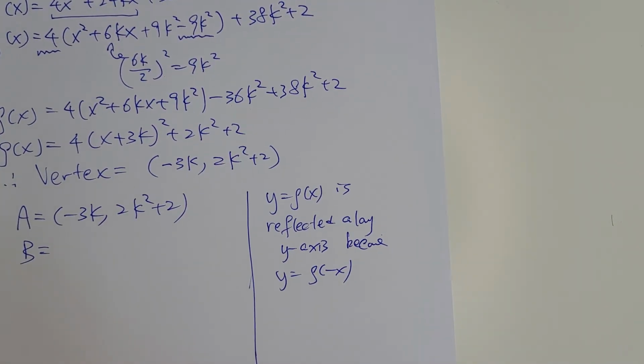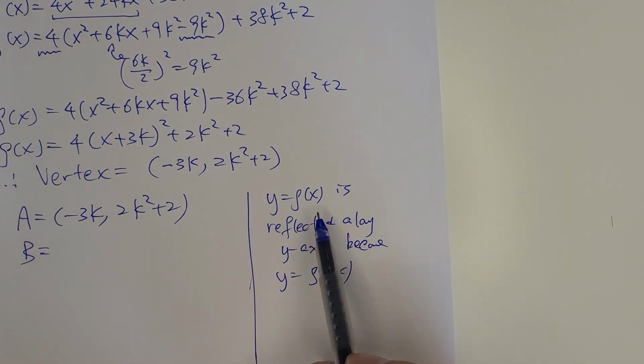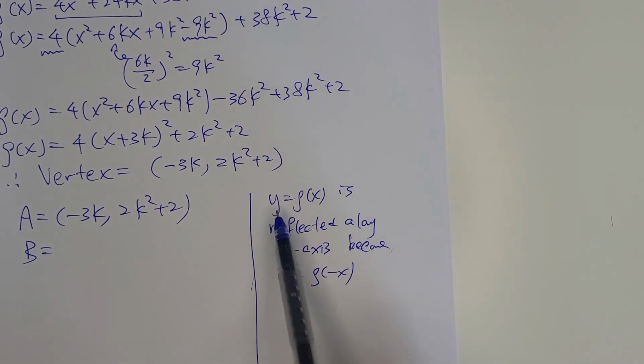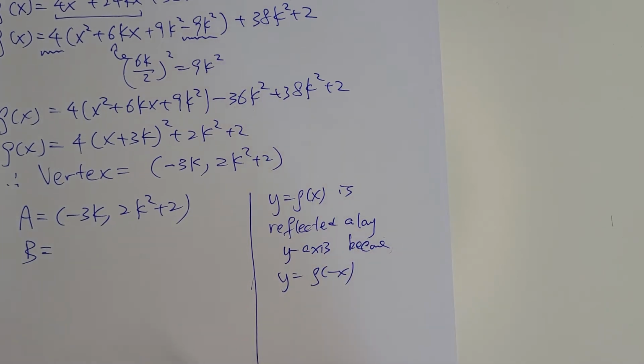That's the first transformation. From g(x), how do we change to g(-x)? In the coordinate system, that is the reflection of the graph y equals g(x) along the y-axis.